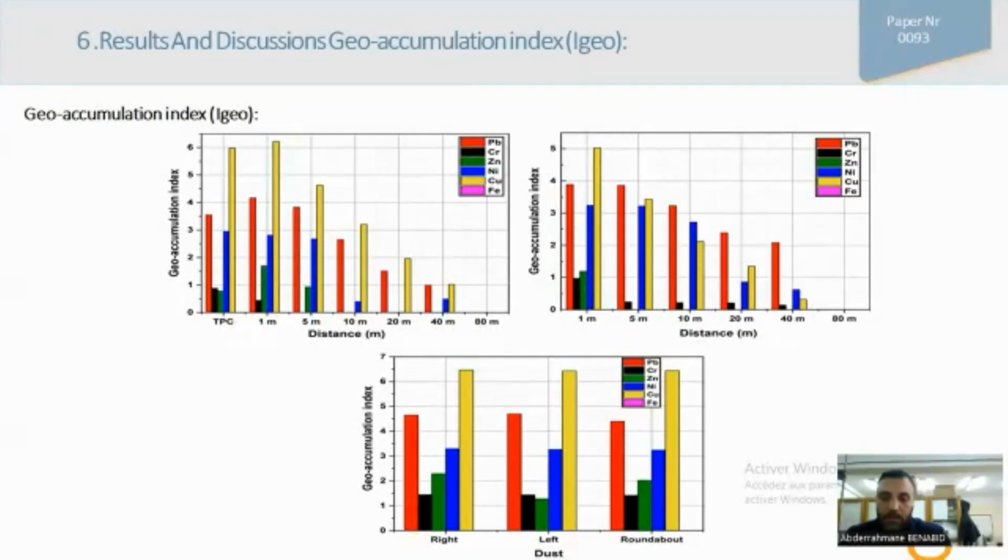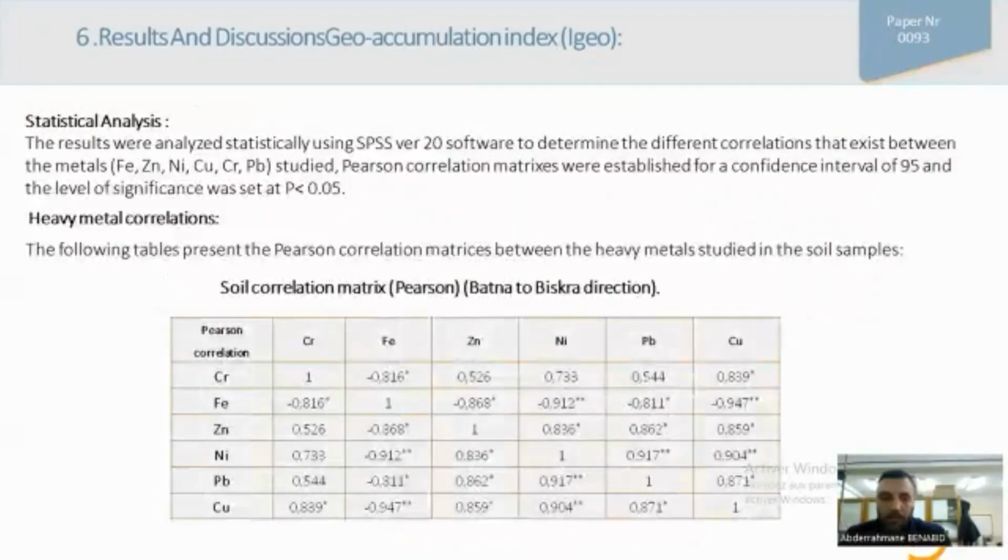Statistical analysis. The results were analyzed statistically using SPSS version 20 software to determine the different correlations that exist between the metals studied.